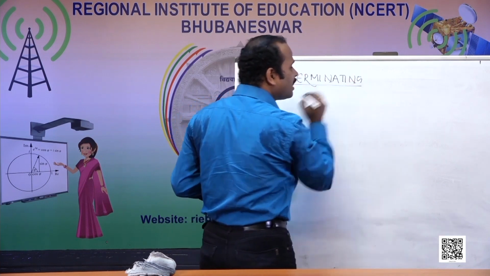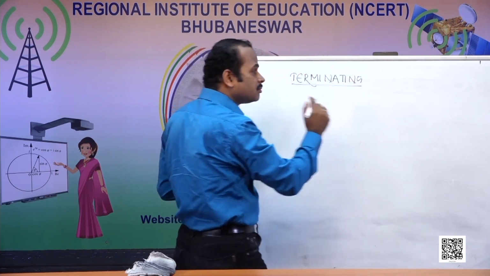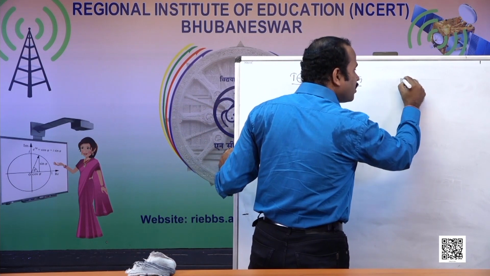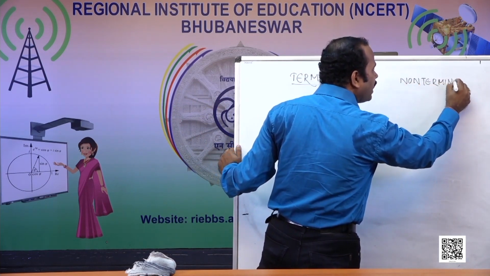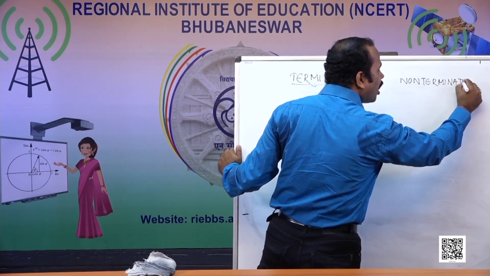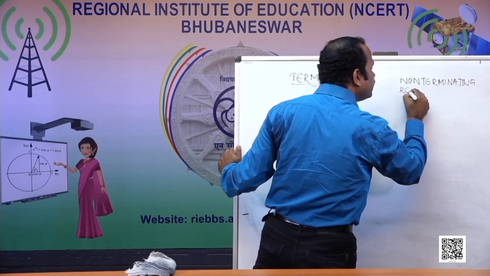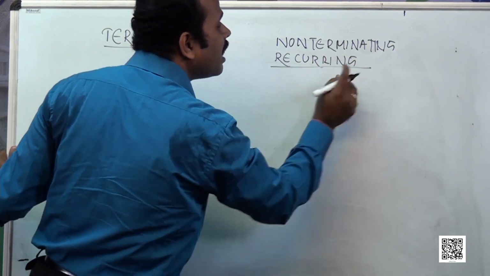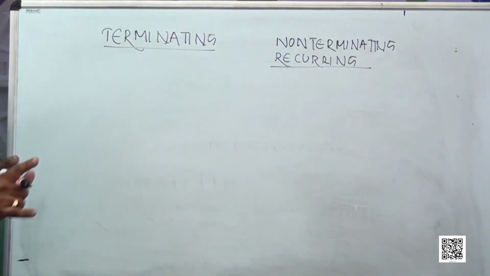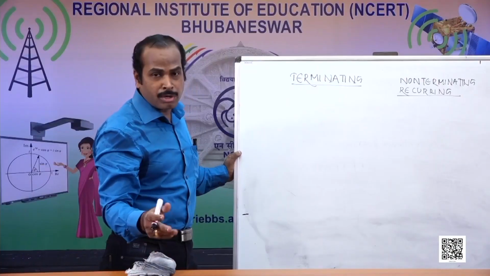Terminating decimal numbers we can convert into rational form. Non-terminating and recurring numbers can also be converted into a rational form. But those which are non-terminating, non-recurring, they cannot be converted into rational form.